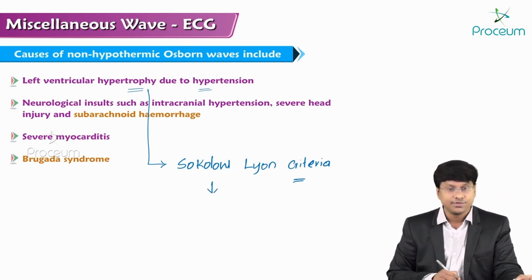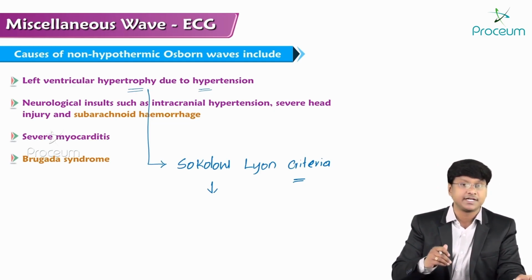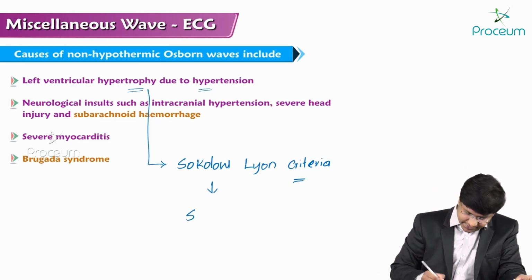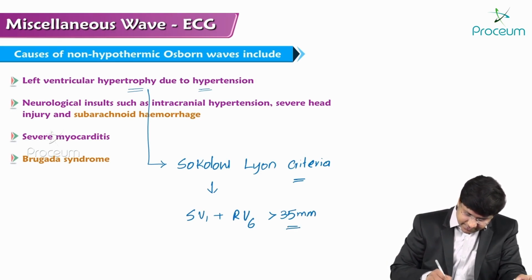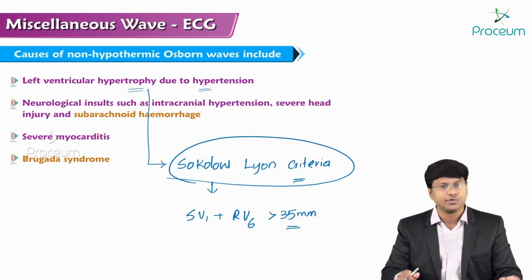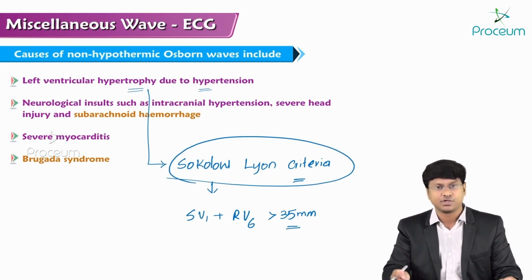This is the one which is suggestive of left ventricular hypertrophy in the ECG. That is SV1 plus RV6. If it is more than 35 mm, then that is suggestive of left ventricular hypertrophy according to the Sokolow-Lyon criteria. And in left ventricular hypertrophy, you can also have the presence of the Osborne wave or the J wave.